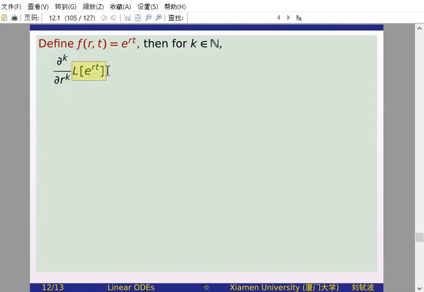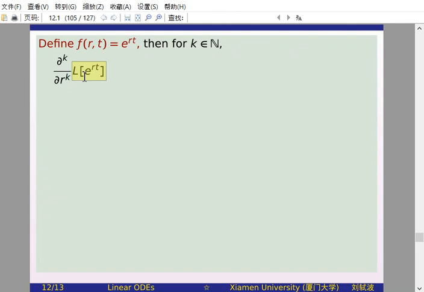This is a function of t, but because e^(rt) contains a parameter r, although you may mainly consider L e^(rt) as a function of t, it also depends on r. Therefore, this is actually a two-variable function of r and t. So this is the k-th ordered derivative of this two-variable function with respect to the variable r.